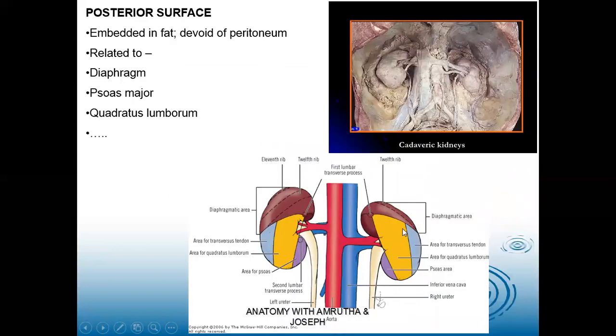The posterior surfaces of the kidneys are almost similar but have some differences. This is a posterior view.